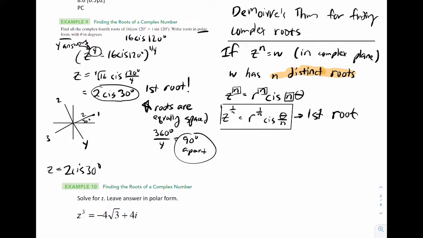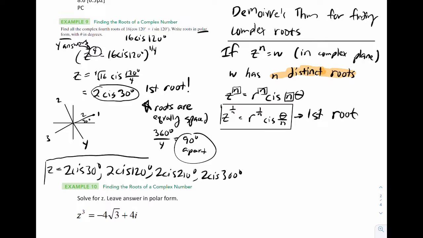The next answer is simply 90 degrees away, so just add 90: 2 cis 120. The next answer is 90 from that, so 2 cis 210. And the next answer is 90 from that: 2 cis 300.